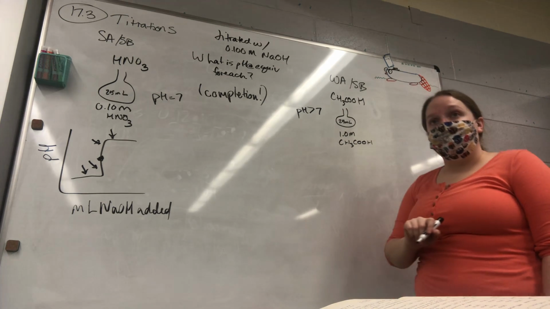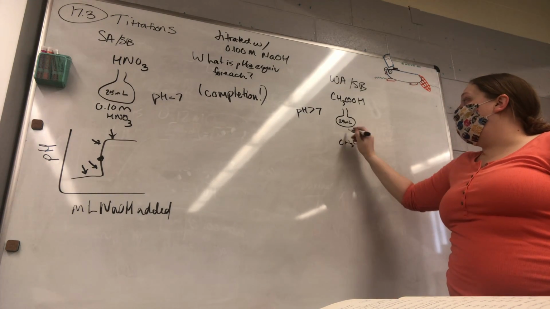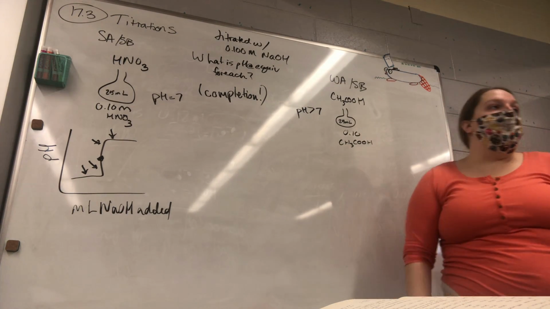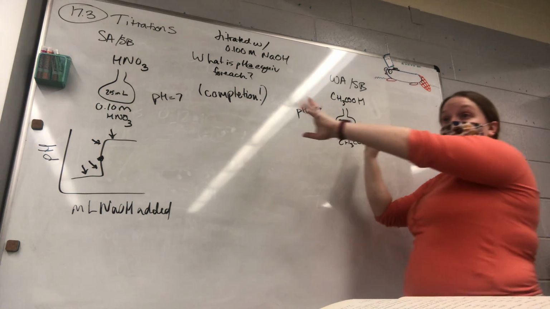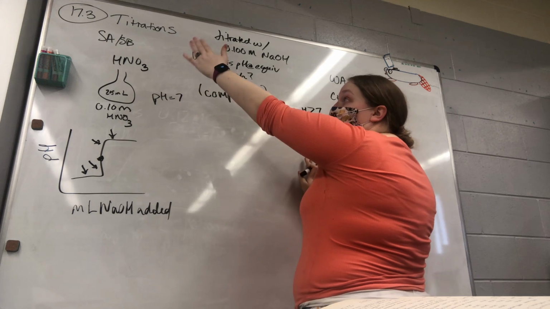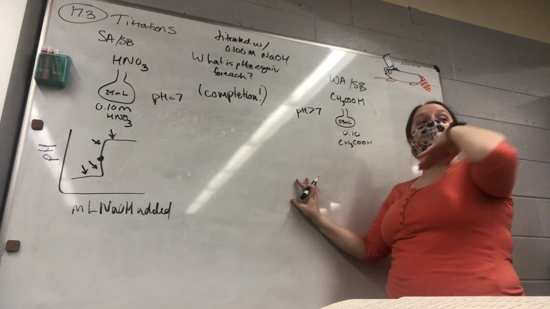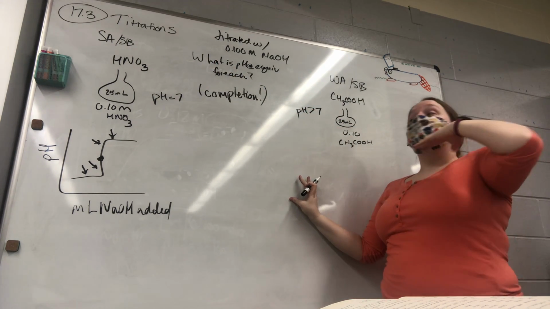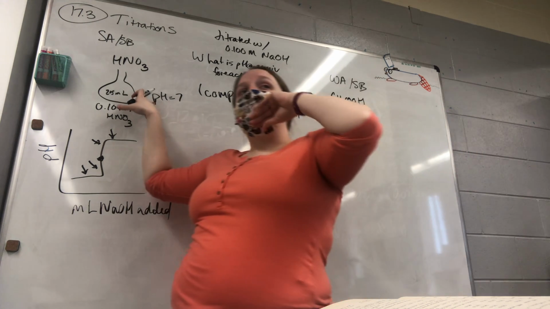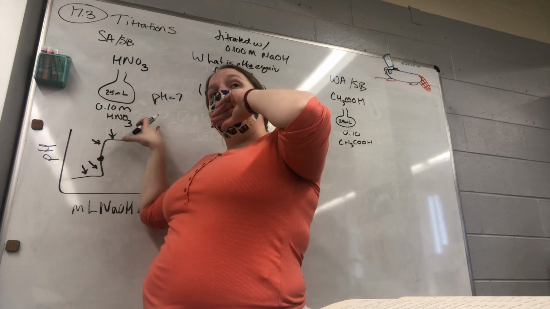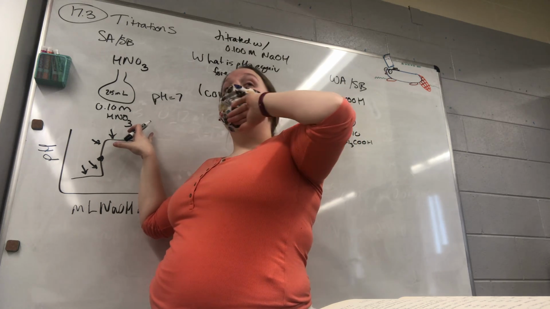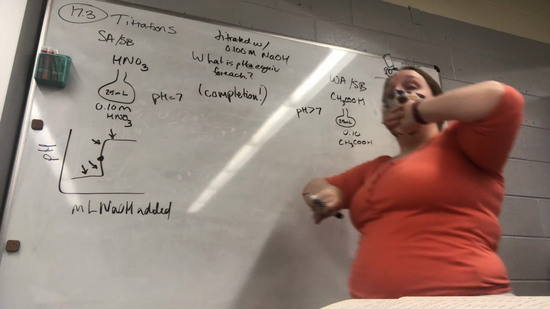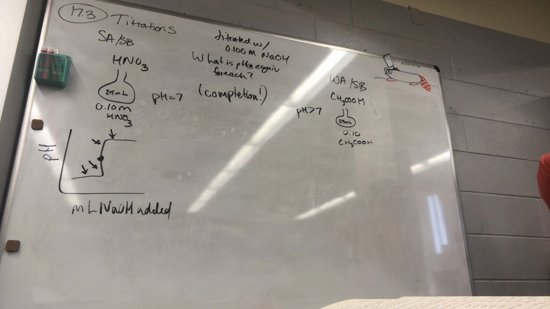So I'm just changing up the original information a little bit so that we can get volumes that are more sensible. Okay? We're still going to start with 25 milliliters in our flask of the 0.1 molar strong acid.